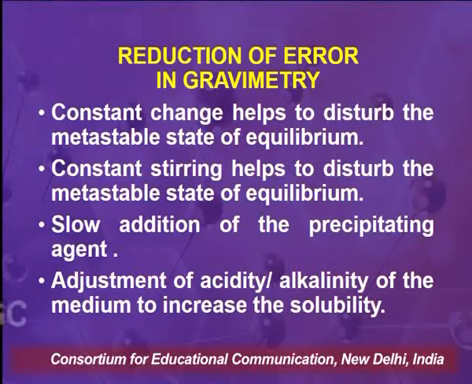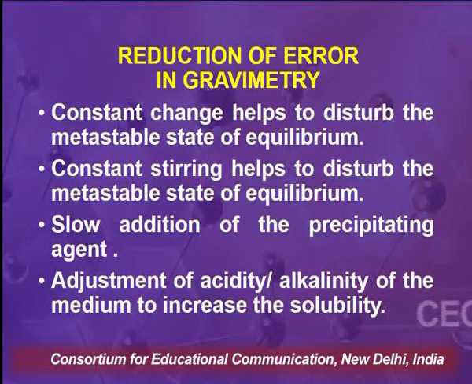By adding the precipitating agent slowly, the benefit is that the initial particle formed is very small, which acts as a nucleus for the formation or deposition of other particles, and hence the formation of a large particle. And since large particles are formed, the precipitate does not pass through the filtering medium.